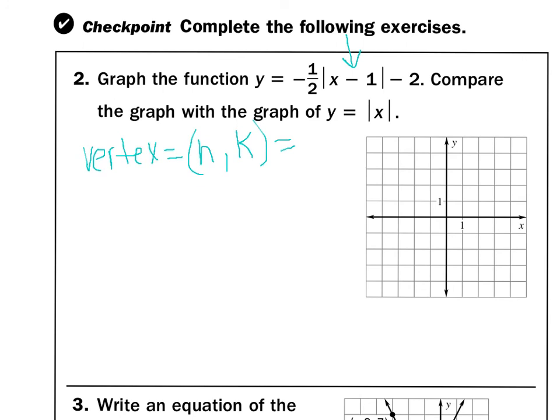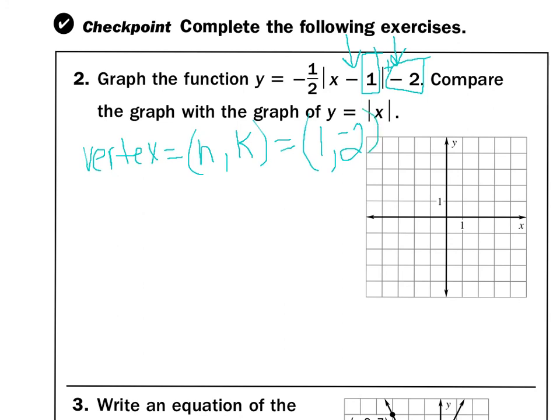Yes. That sign's right. I can just pull off the h straight off. Is this sign right? No, it needs to be a positive. So I need to rewrite that as plus a negative 2. And then I can pull off my k as being the negative 2.